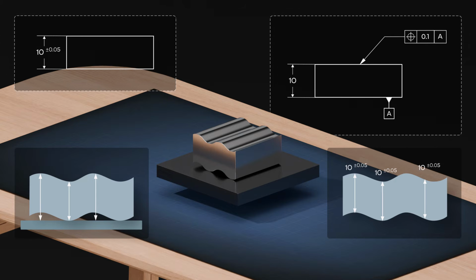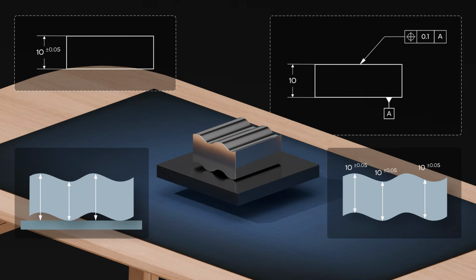Using normal size tolerances, it might actually be okay according to the tolerance. All these distances might be 10, although the shape looks completely different than what we want for the function. But using GD&T here and using datum A, I'm able to define something that's more near to my function later on.